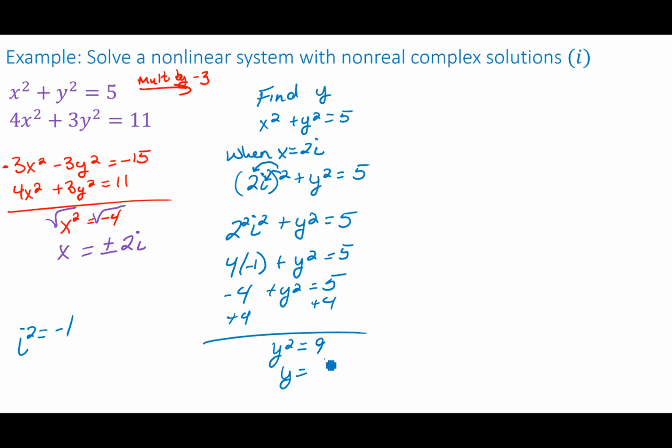So y is going to be plus or minus 3. So let's start to build our final answer on this. So when x is equal to 2i, our y is going to be 3, but also when x is 2i, we can have a y output of -3.